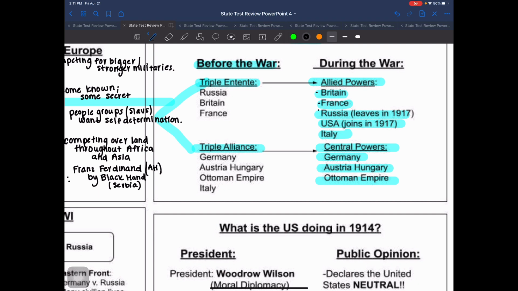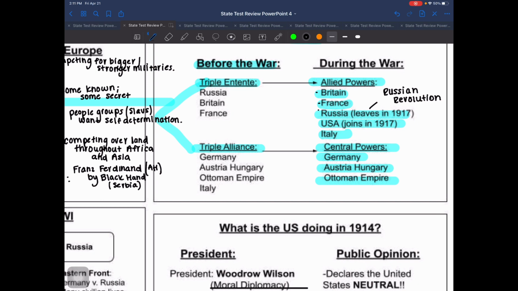Russia is going to leave in 1917. And what I want you to write above that is they leave because they experienced something called the Russian Revolution. We'll talk about this more in a second. The Russian Revolution, where Vladimir Lenin takes over Russia, establishes it as a communist nation, and surrenders to Germany.